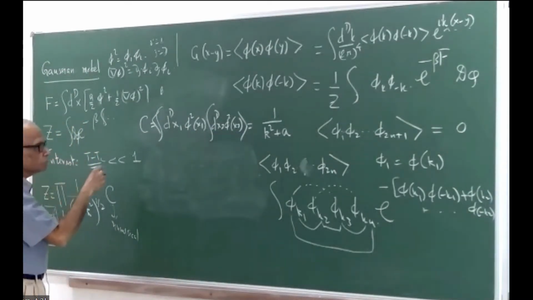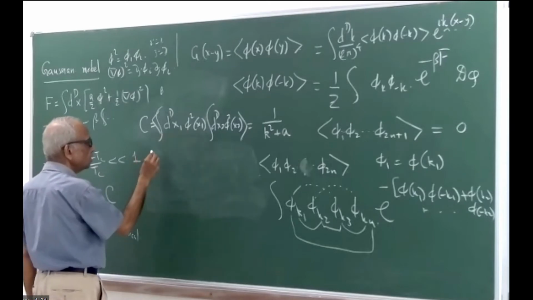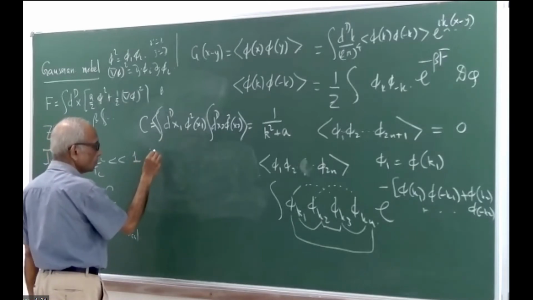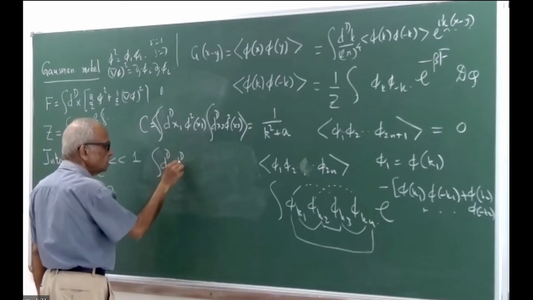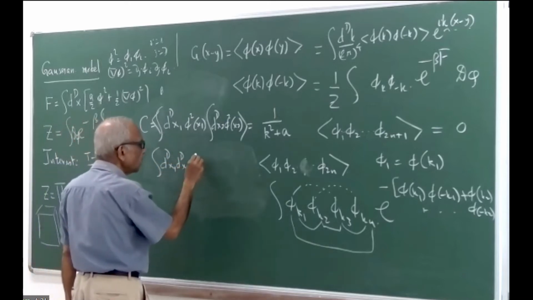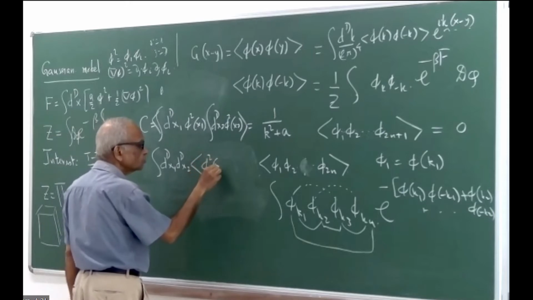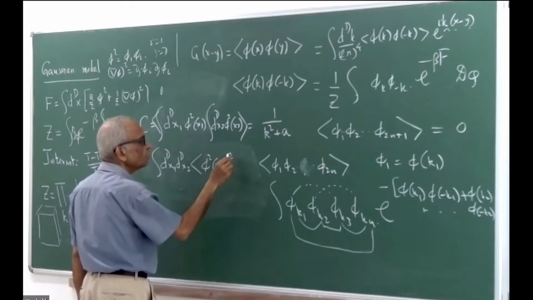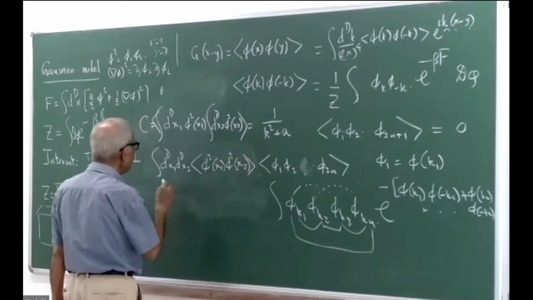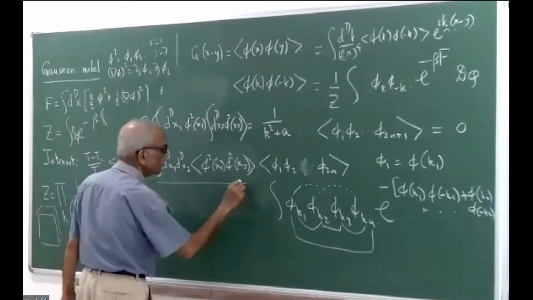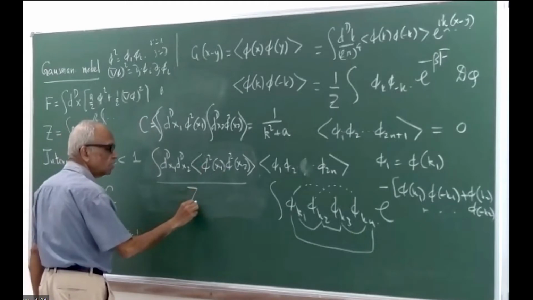So it was a question of calculating the integral ddx1 ddx2 of the average of phi square x1 phi square x2, and there is the Z at the bottom.